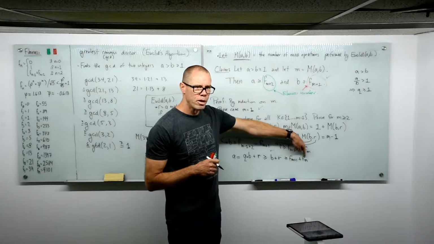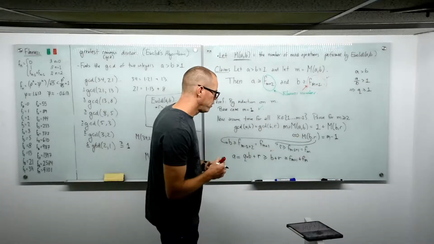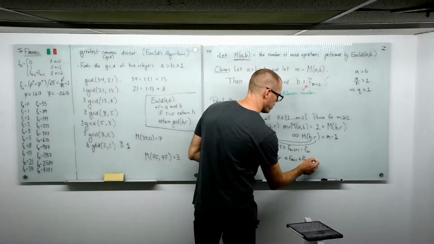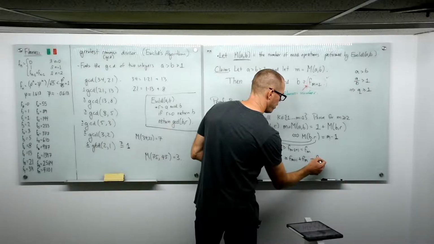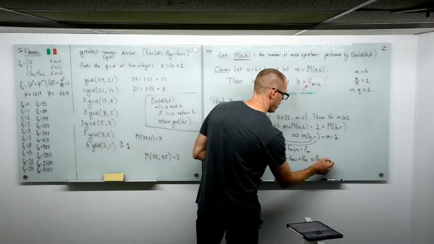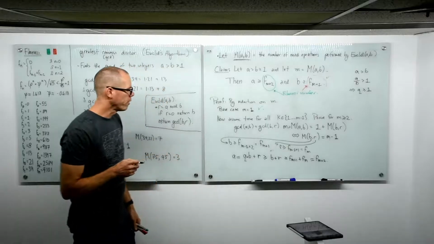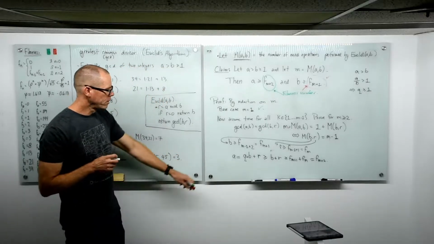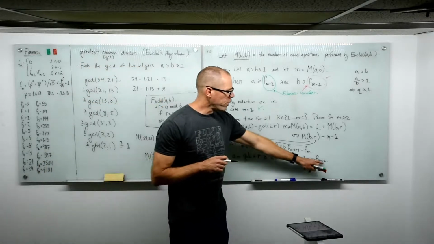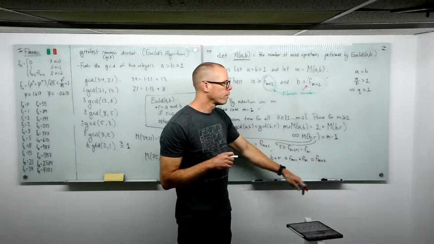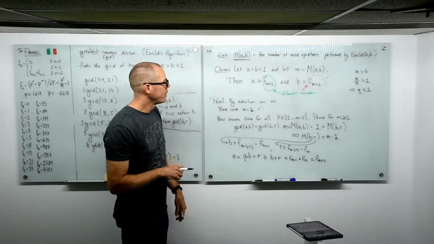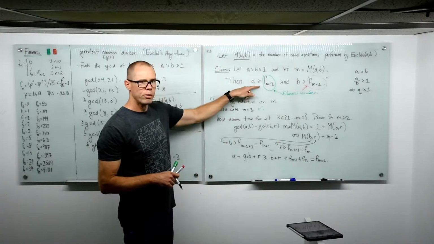This is a Fibonacci number, m. That means that their sum is the m plus 2th Fibonacci number. So A is bigger than or equal to f of m plus 2, which is exactly what we needed to prove.